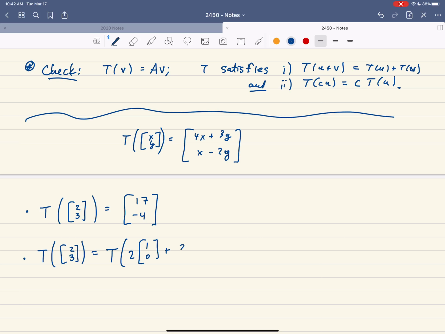I know that there's at least one way to do this because the vectors (1, 0) and (0, 1) span R2. I know that there's a unique way because (1, 0) and (0, 1) are linearly independent, and therefore, because it's a basis, these two vectors both span R2 and are linearly independent.